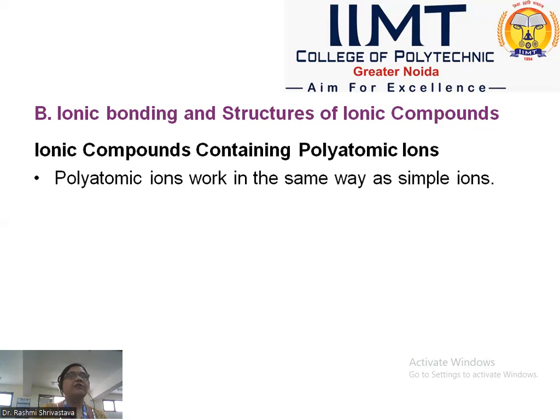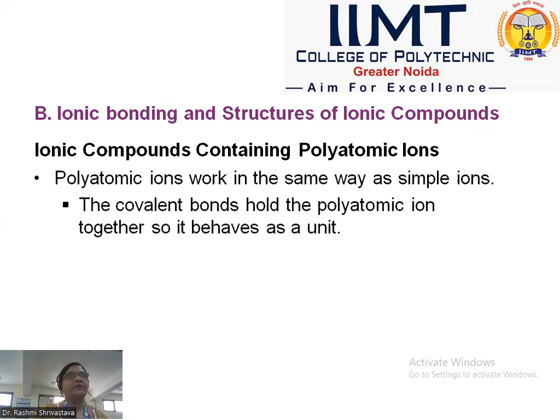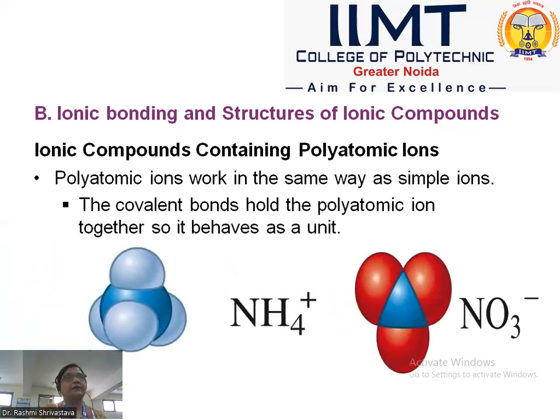They have 1 or more charges, and then they are known as polyatomic ions. The covalent bonds hold the polyatomic ions together, so each behaves as a unit, because covalent bonds form between the atoms of the polyatomic ion, which holds a plus or minus charge.